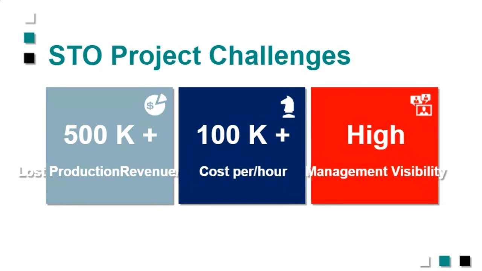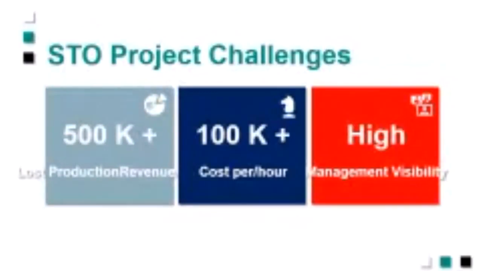So that makes them really costly per hour. So for every hour that they're out there, we want to make sure that they're actually getting some work done and we're using them properly. Management, of course, because of these large numbers of dollars that are involved, want top visibility to these projects to make sure that they're going as planned or at least staying on course.